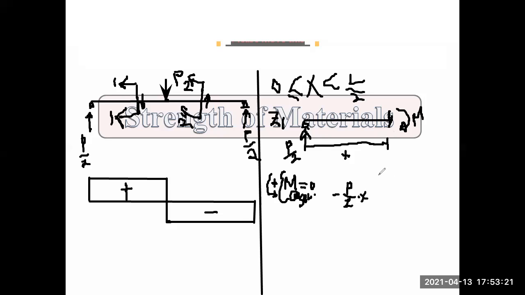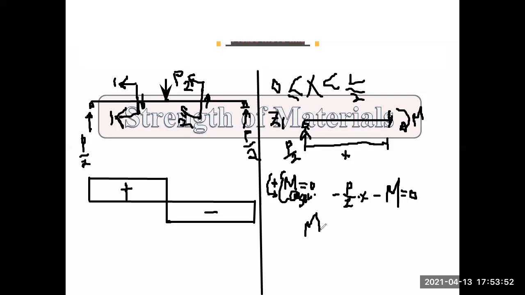And then the moment is clockwise, so based on this assumption, it would be negative M, and I equate it to 0. Any axial force doesn't play an important role. V goes off because the moment is about this section. So that's it.